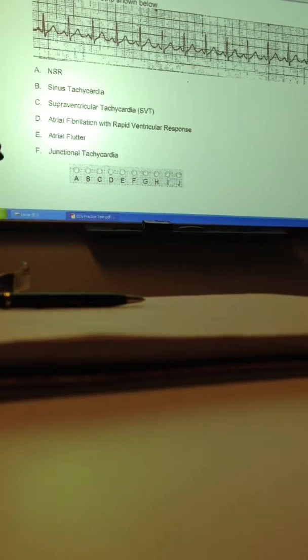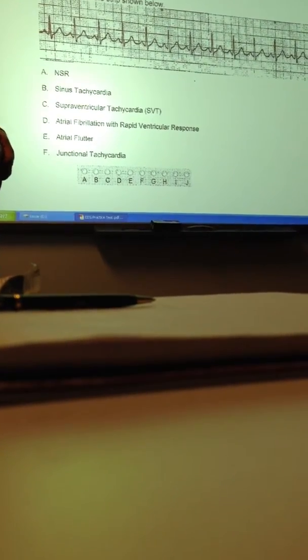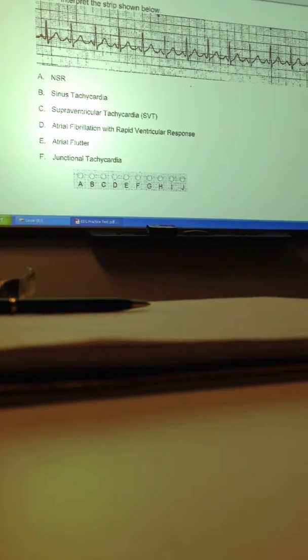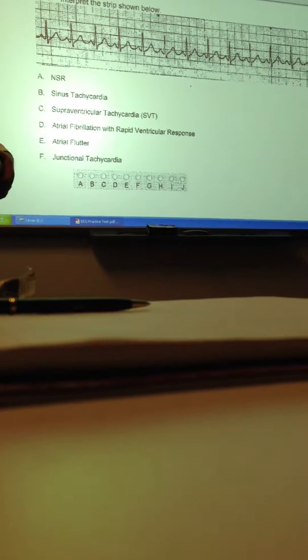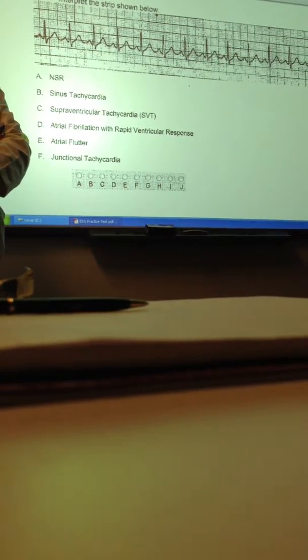Well, let's put that in the parking lot. Is it a supraventricular tachycardia? No, because it's not the ventricle that's contracting, it's more the atrial. We know with an SVT it has to be at 150 or a faster rate.